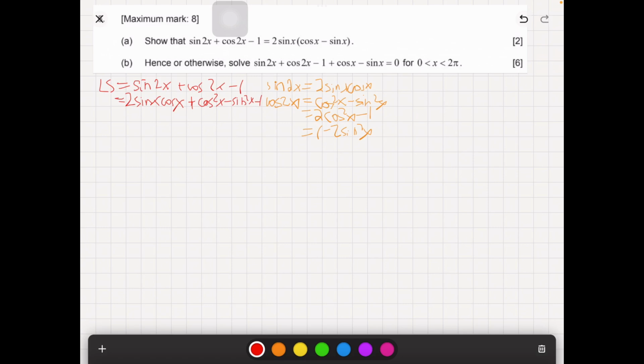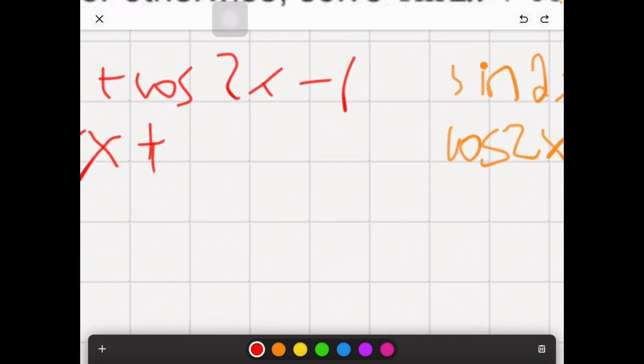Actually, I think I changed my mind. It seems like it's easier if you use the last equation, and I will explain why in a second. But just first of all, let me write this down. 1 minus 2 sine squared of x, plus or minus 1.